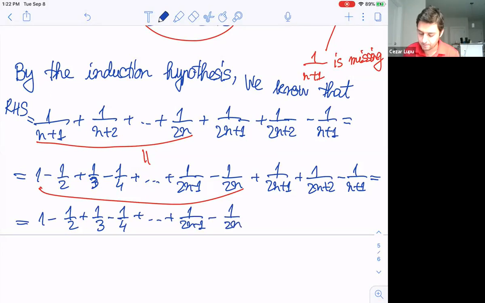Plus 1 over 2n plus 1, minus 1 over 2n plus 2, right? Right, if we combine these two here. Right? Okay, which is exactly what we wanted to prove.